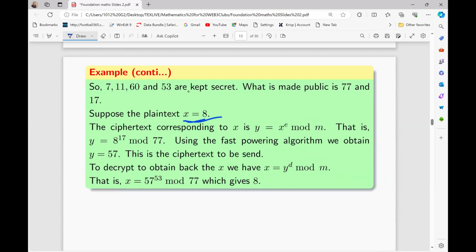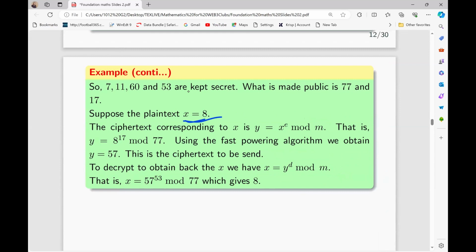So what this person is supposed to do is encrypt this. Using our public key, which was 17, mod, do you remember, this is the point I was emphasizing, mod 77.